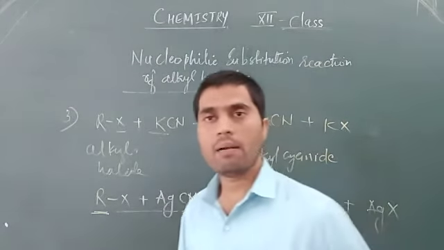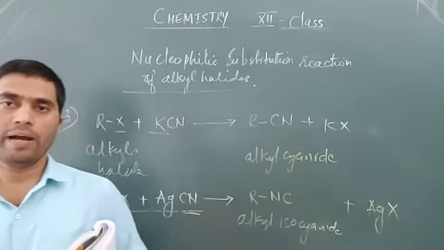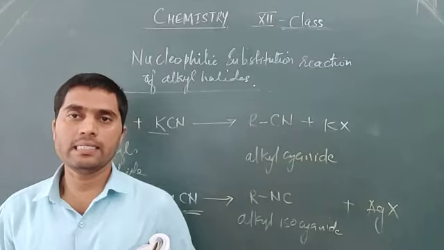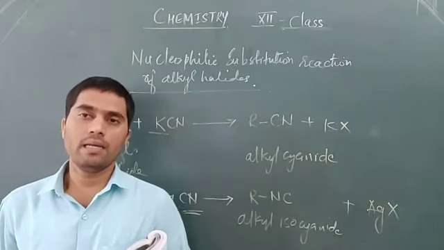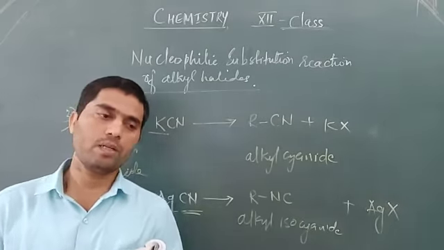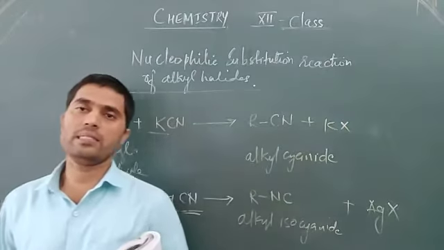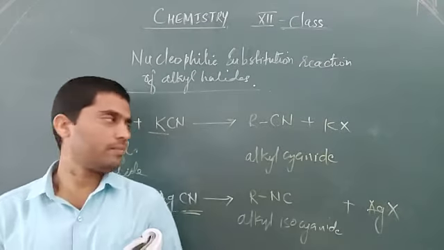In our previous lecture we have seen the ambident nucleophile. Ambident nucleophile is that nucleophile which contains two nucleophilic centers. So here cyanide contains two nucleophilic centers, one is nitrogen, another is carbon.